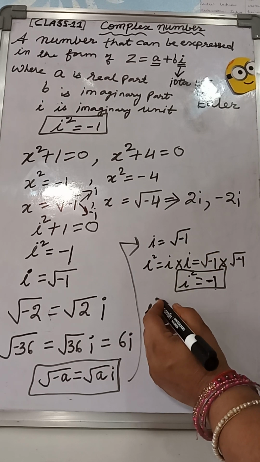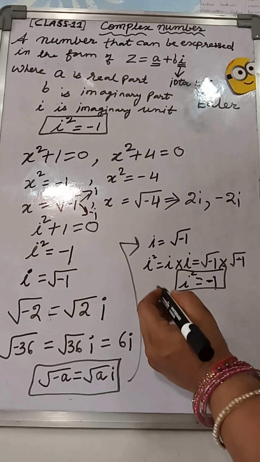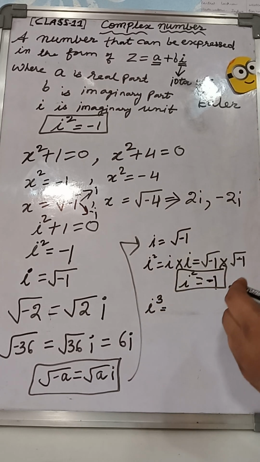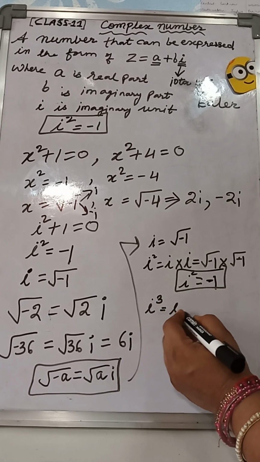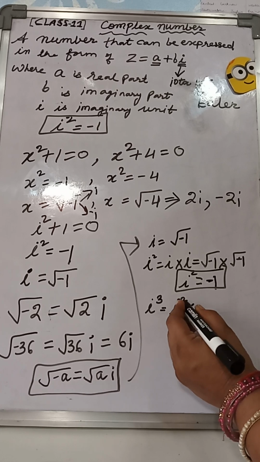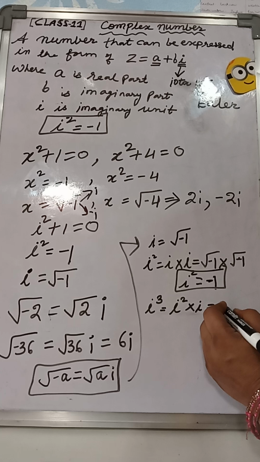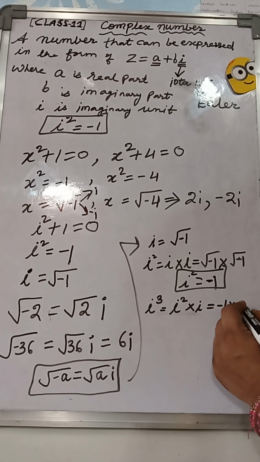In this way, iota cube, we can write like that, iota cube is iota square into iota. So iota square is minus 1 and into iota. This will equal to minus iota.